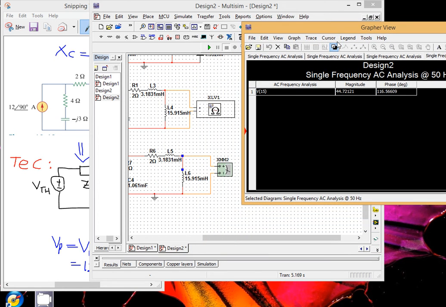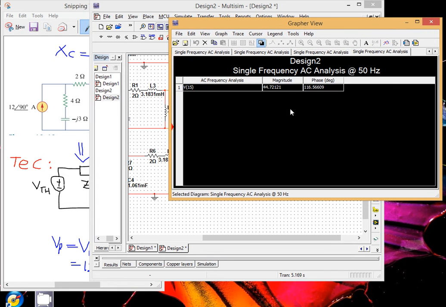Okay, so you have to write down this value so that you can construct your equivalent circuit using your VTH value, ZTH value, and Z load.